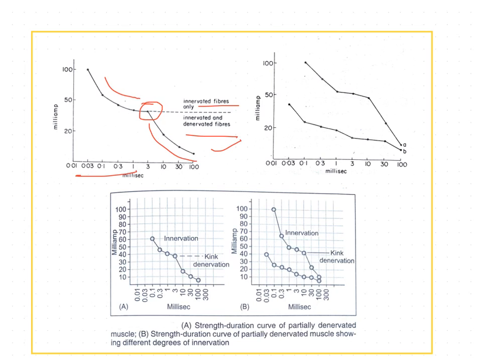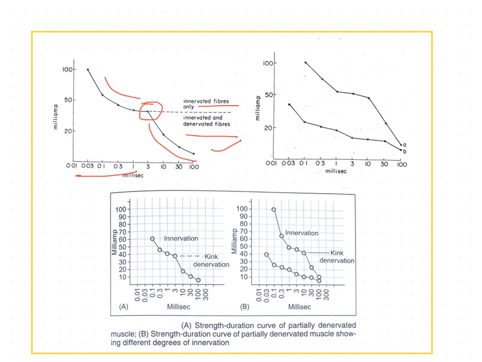That is the point where these two sections are meeting, that means the innervated as well as the denervated fibers are meeting. The appearance of a kink or discontinuity in the curve is a reliable early sign of denervation and of progressive involvement in nerve lesions.